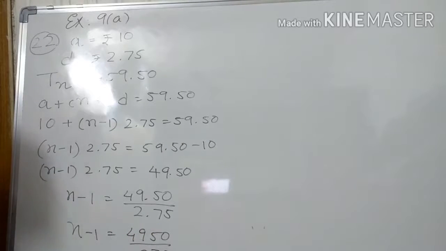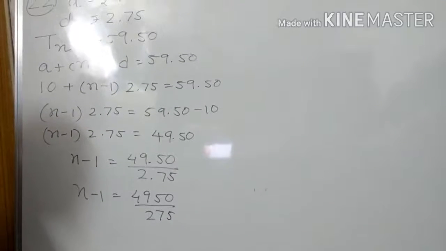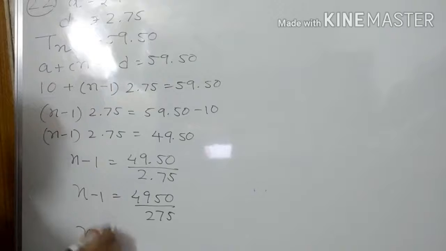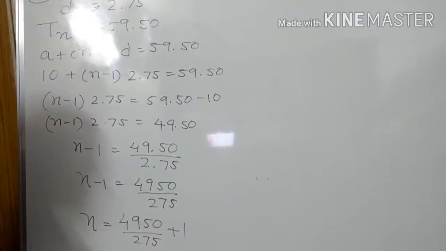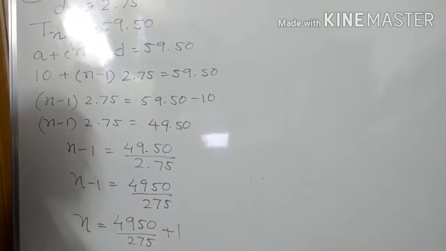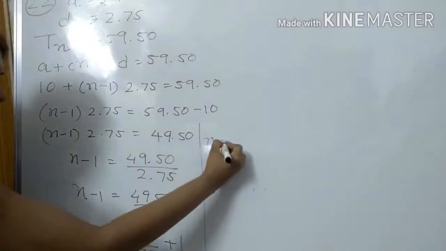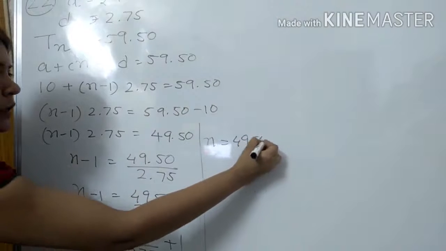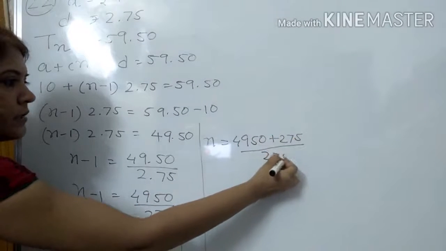Now this calculation you can do by yourself anyway. But here I'll solve it by taking LCM. I take this minus 1 on other side so that I get n value plus 1. Now we take the LCM. So n value is equal to 4950 plus 275 upon 275.